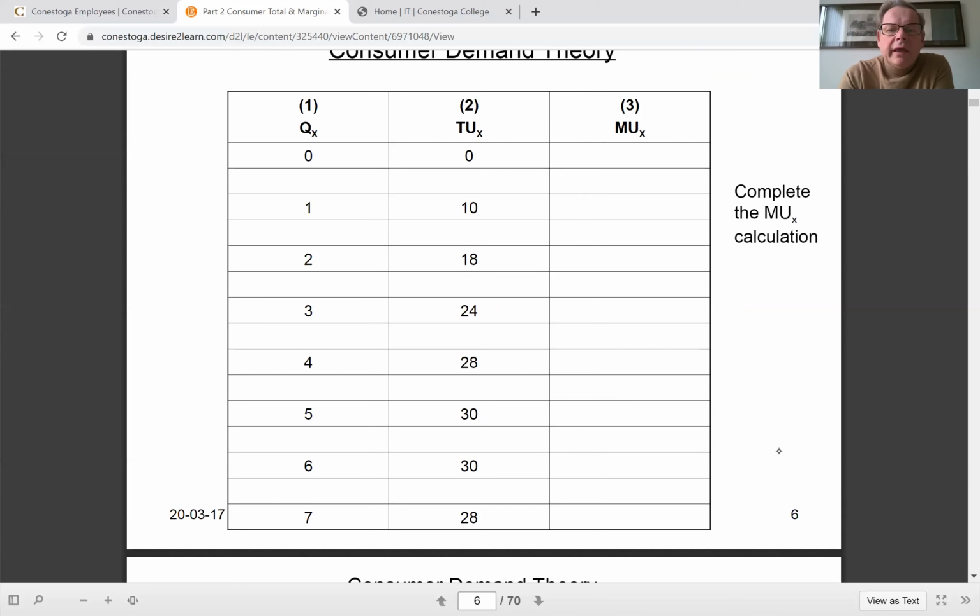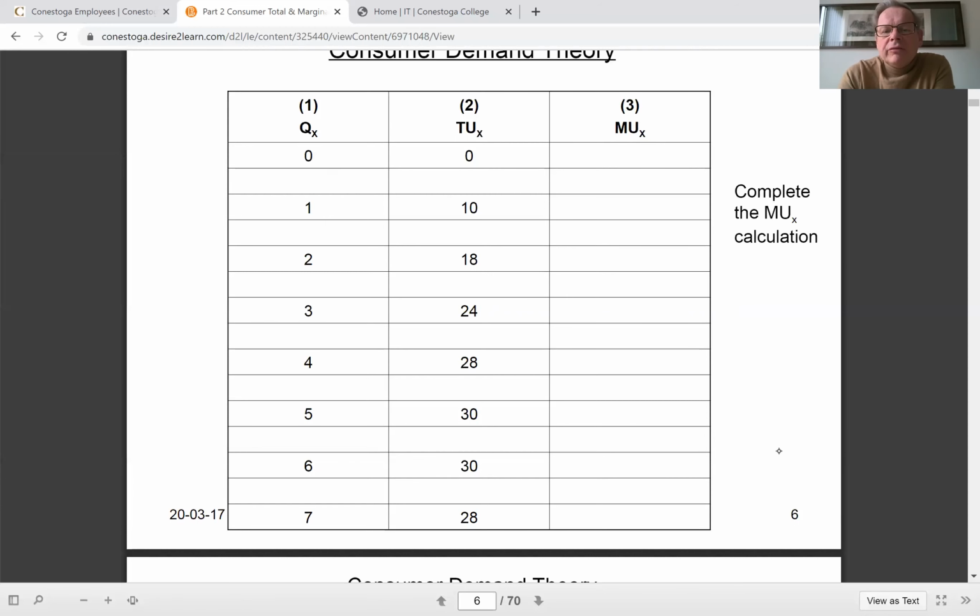We get 10 extra units of satisfaction by consuming the first item, so our marginal utility is 10. We consume a second item, and the marginal utility from the second item is 18 minus 10, divided by 2 less 1, which is 8 over 1, which is equal to 8.